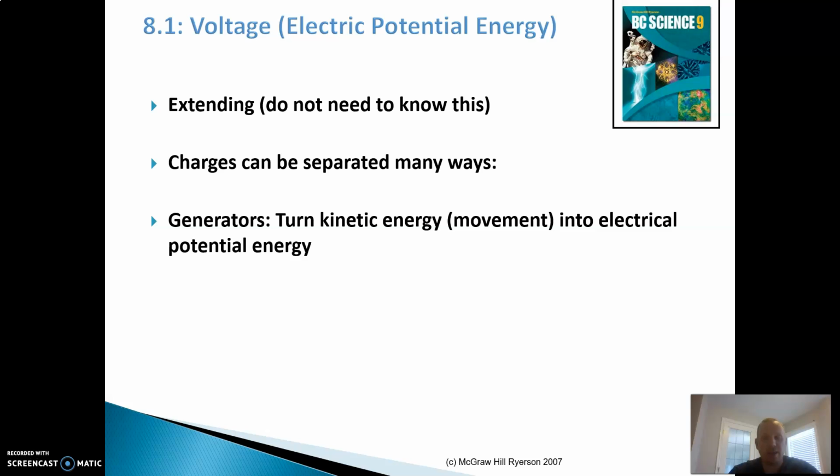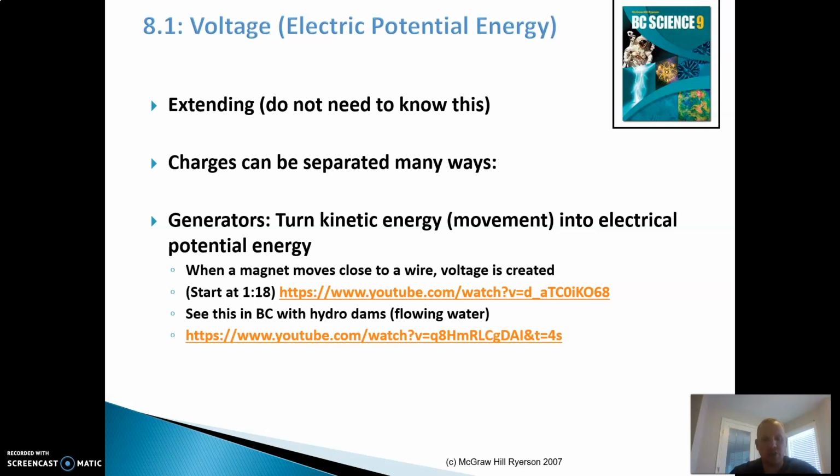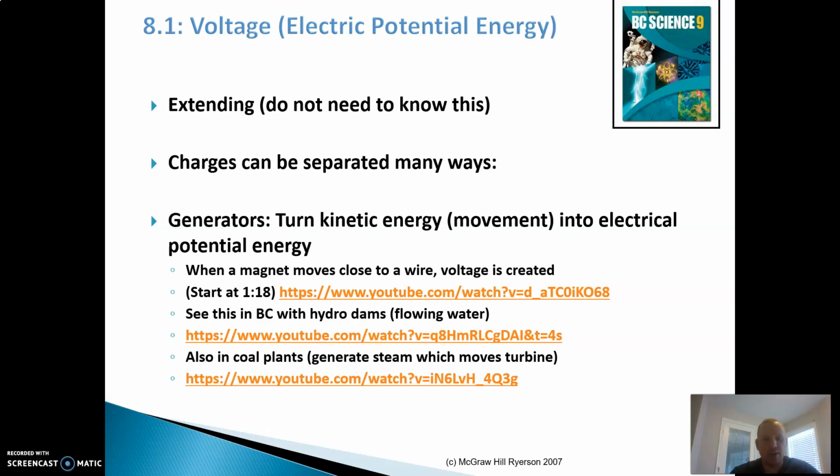Or voltage can be created using generators, and that's when it involves moving a magnet close to a wire. Again, you don't need to know that, but if you're curious, that's how we get our energy here, through hydropower, where water will flow through these turbines, which turns a magnet. So if you're interested in that, take a look at that. Coal plants also generate energy that way, same with nuclear. So if you're interested, have a look at these.